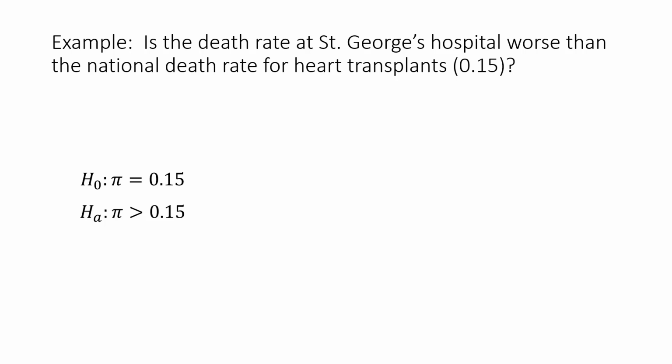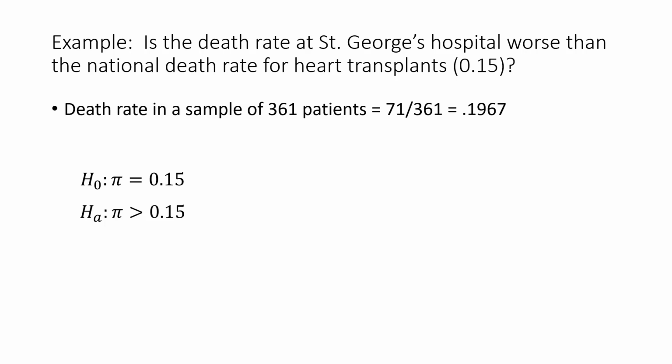And the alternative hypothesis is that pi is greater than 0.15. The data from a sample of 361 heart transplant patients at St. George's was that 71 patients died. That's a sample proportion of 0.1967.